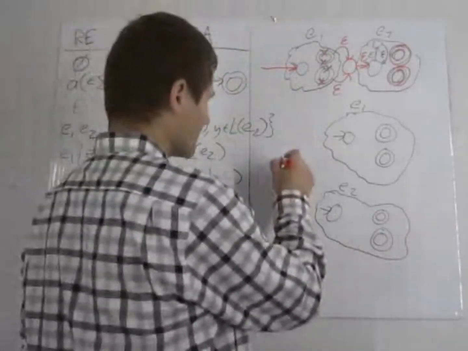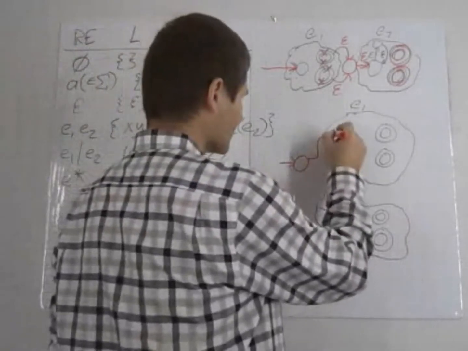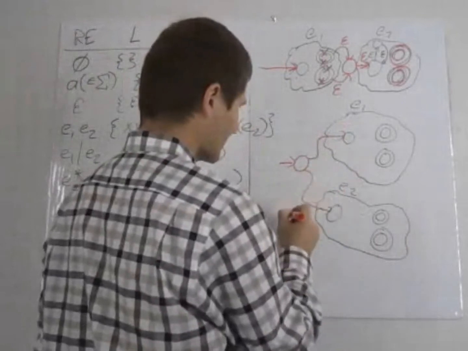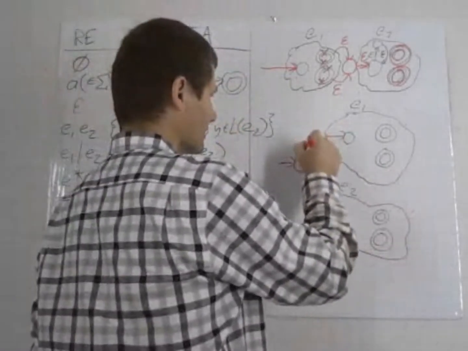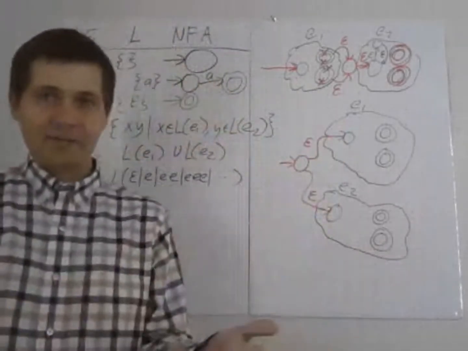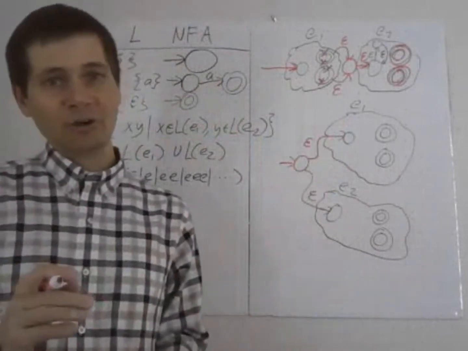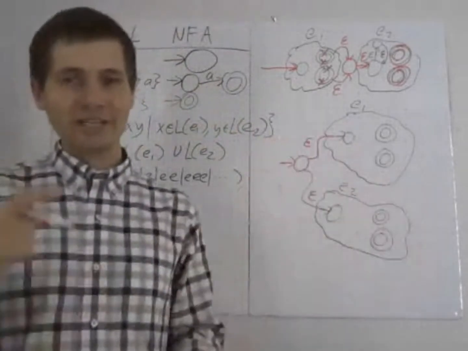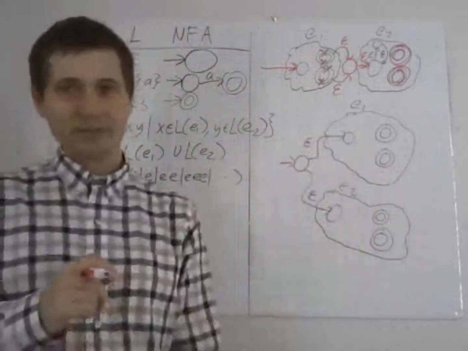Here I am going to introduce a new start state, and I'm going to have epsilon transitions going to the two old start states. The idea is the NFA, as a first thing, is going to decide non-deterministically: is the word a word in E1 or is it a word in E2?